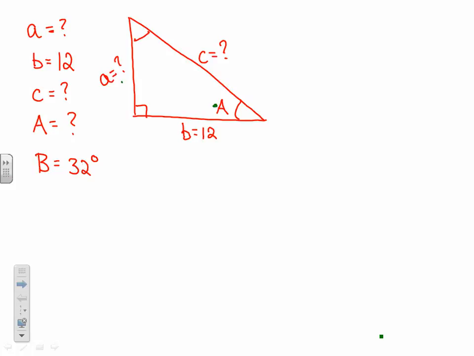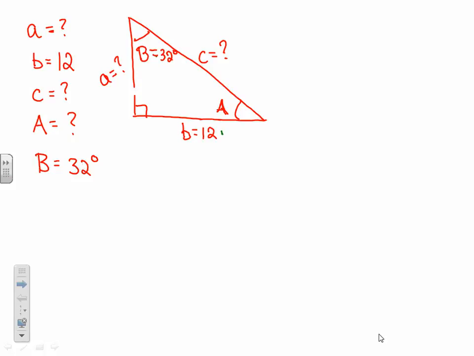Angle A is always opposite side A, and the same thing with B. Angle B is always opposite side B, or we should really say side B is always opposite angle B. And the other thing that we know here is that angle B is going to be 32 degrees.